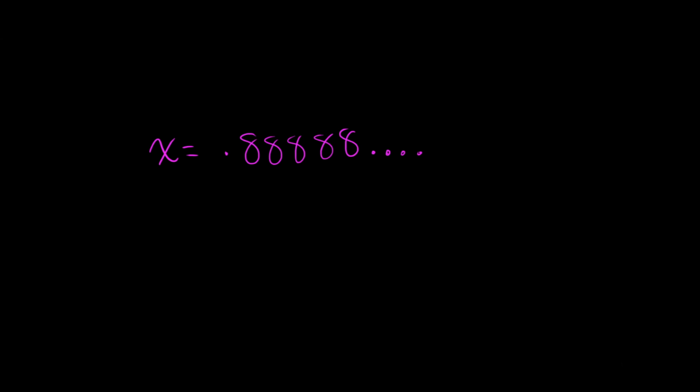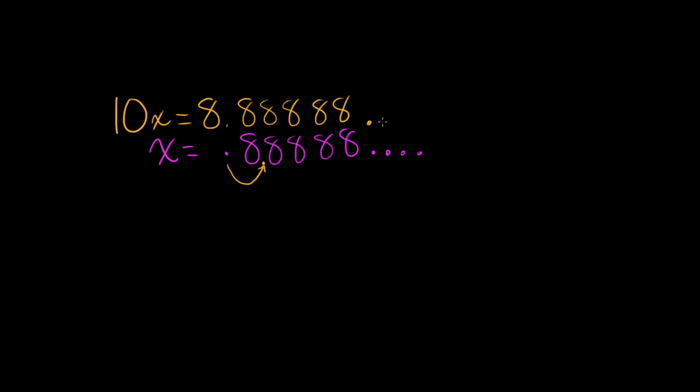Okay, so we're going to set our x now to 10x. Well, what happens when we multiply by 10? Well, the decimal moves over one place, so 10x is now going to be equal to 8.8888, repeating forever.